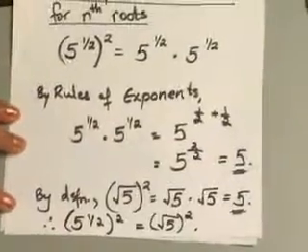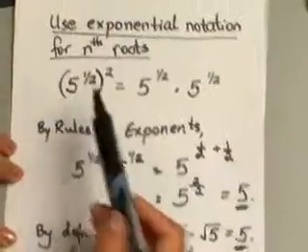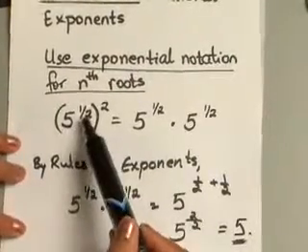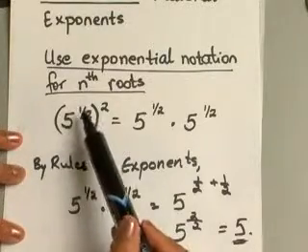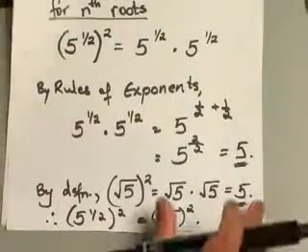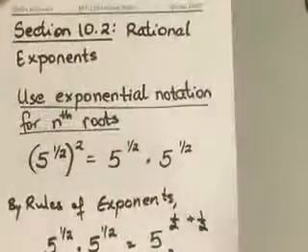The difference between these two is that instead of writing this as square root of 5, I am writing it as a rational exponent, in the form of 1/2. So let's go ahead and look at a formal definition for this.